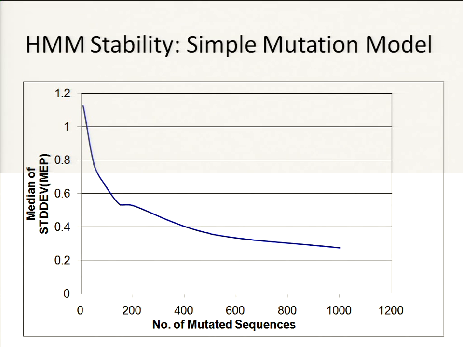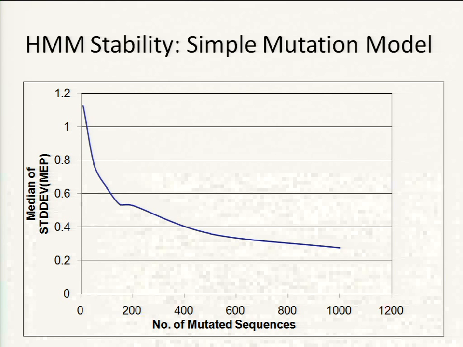First, we look at the simple mutation model and the number of sequences, with the standard deviation. We picked 150 sequences, for which the error is acceptable for us.